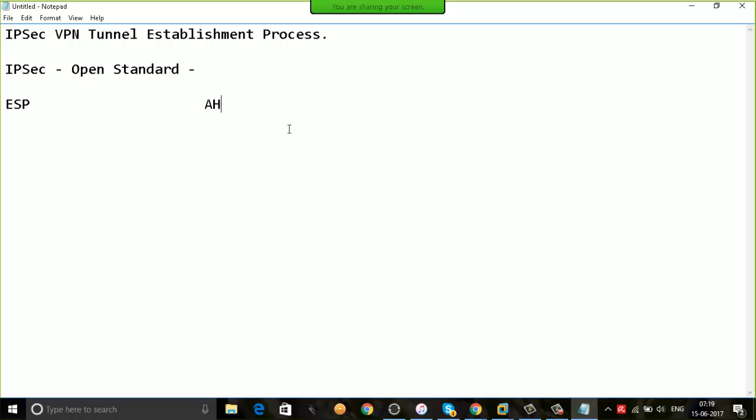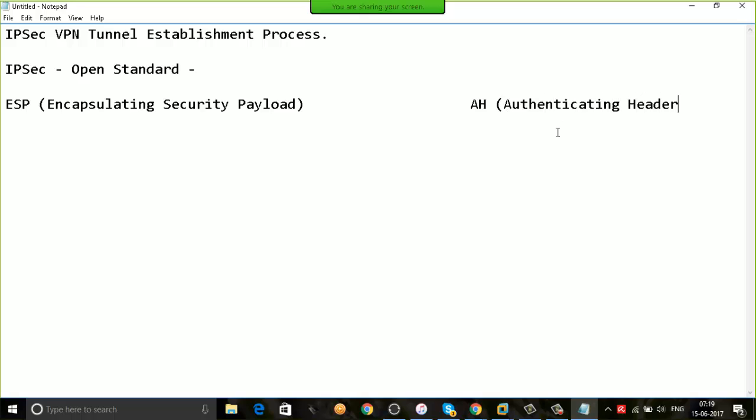AH stands for Authenticating Header or Authentication Header. So these are the two protocols available inside the IPsec stack, with which we will be able to achieve this confidentiality, integrity, and authenticity.